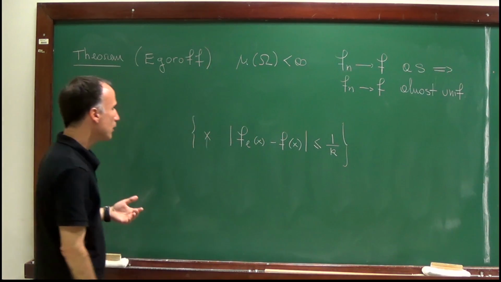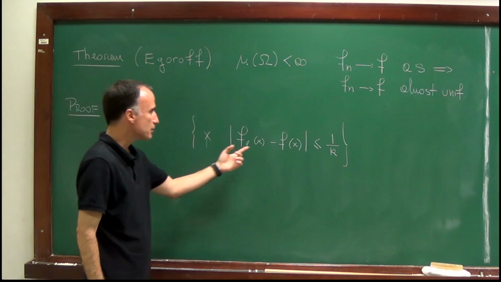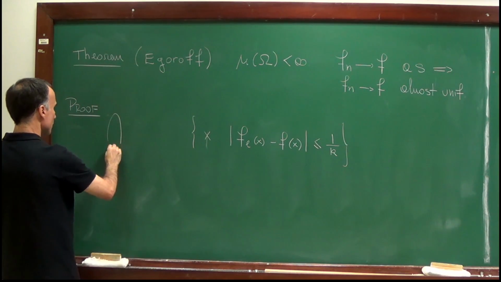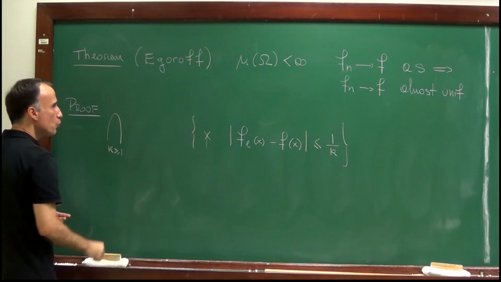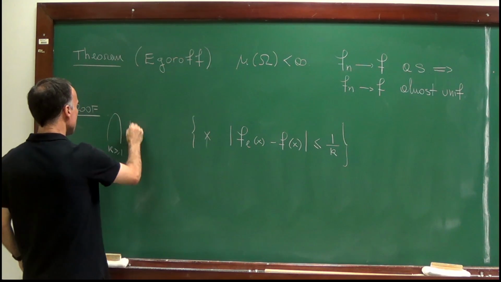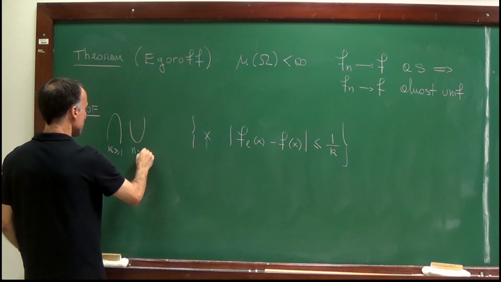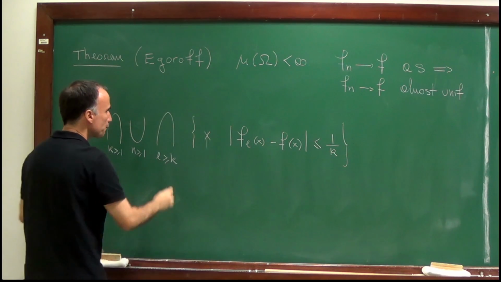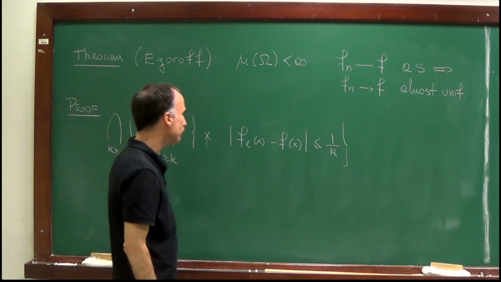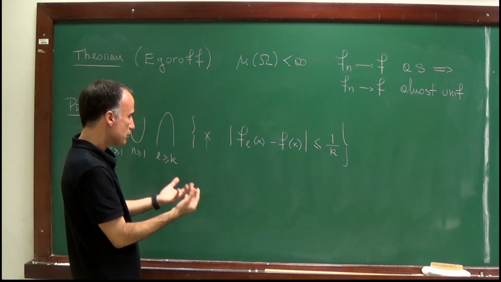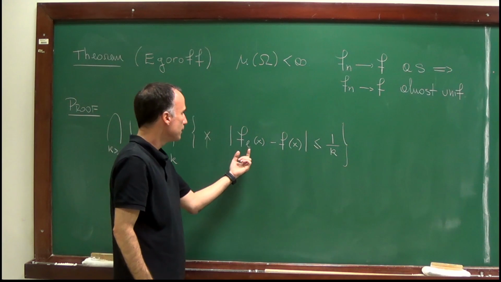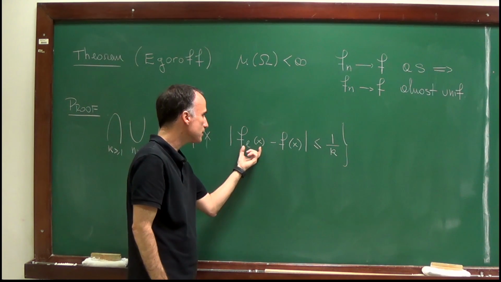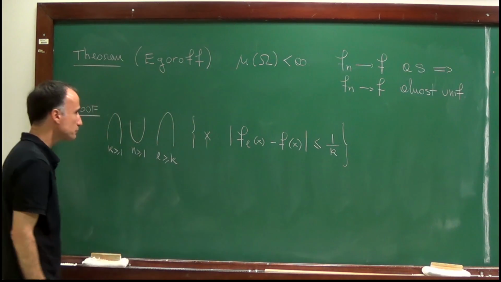And saying that this sequence is converging means that for all k, we can find some n such that for all L larger than n, this difference is bounded by 1 over k. This translates into sets the concept of convergence of this sequence Flx to Fx.